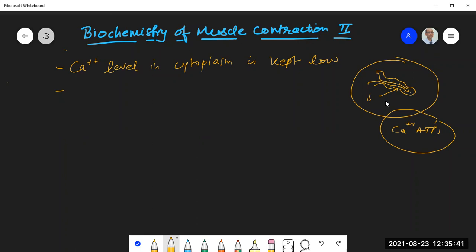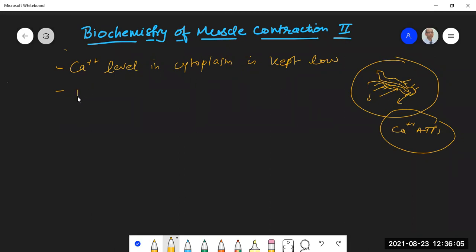The calcium level in the cytoplasm is kept low. When the muscle gets stimulated, what does that mean? When the nerve impulse travels to the muscle cells, what does it do? It opens the calcium channels located in the membrane of the sarcoplasmic reticulum, and a large amount of calcium comes out from the lumen into the cytoplasm.